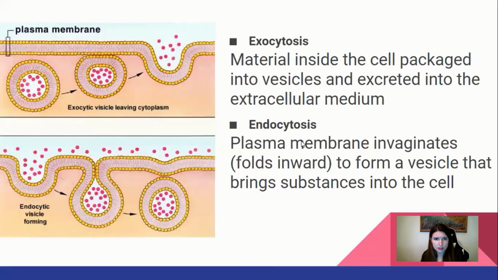The basics that you need to know are just the direction of bulk transport every time we see one of these words. In exocytosis, we're moving material from inside the cell to outside the cell. In endocytosis, we see something moving from outside the cell into the cell.